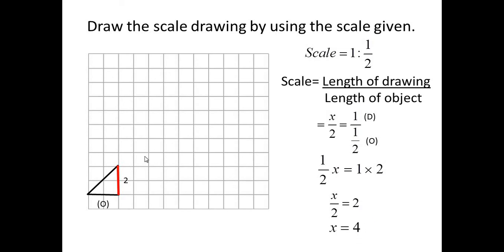So our scale drawing for this side is 4 units. If this side is 4, how about this? It will be the same length, right? Also 4, and then you just complete the diagram. So that is your scale drawing for that object.